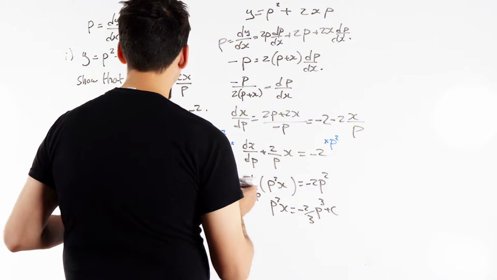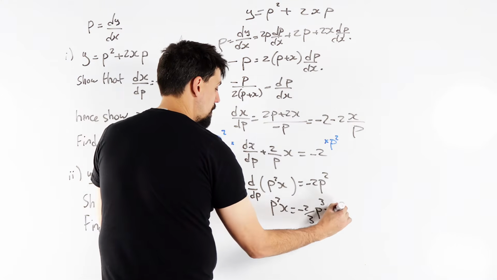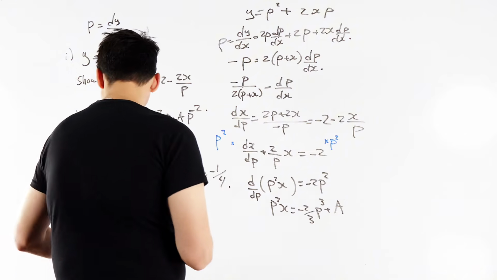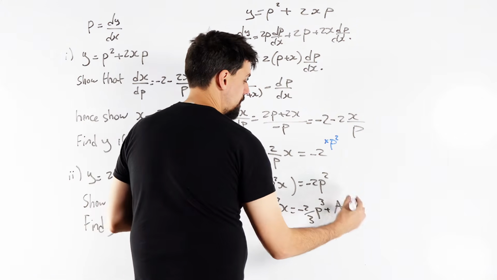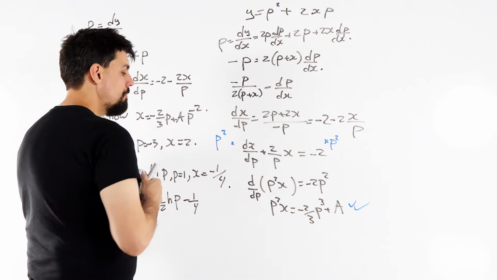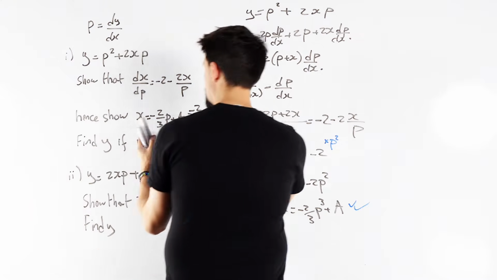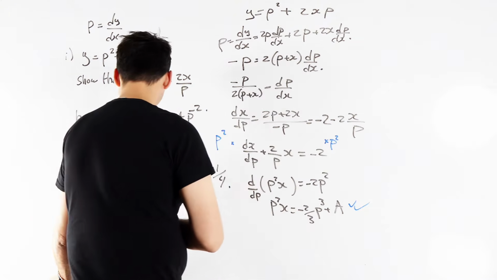Let's call it capital A, because that's what they want. Check, check. Divide everything by p squared, we get their result.